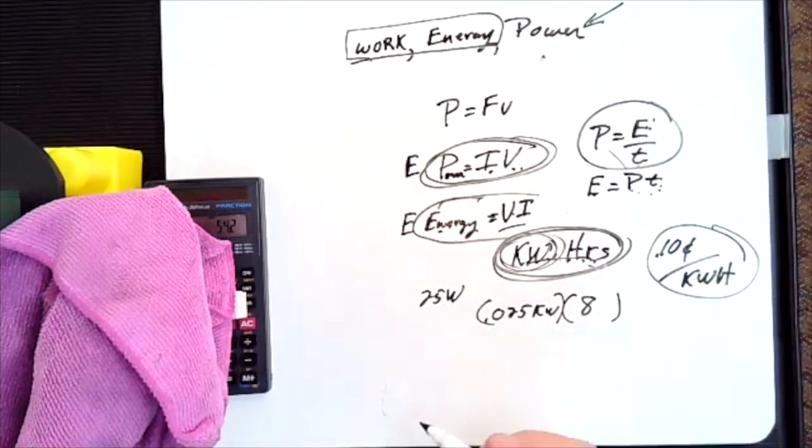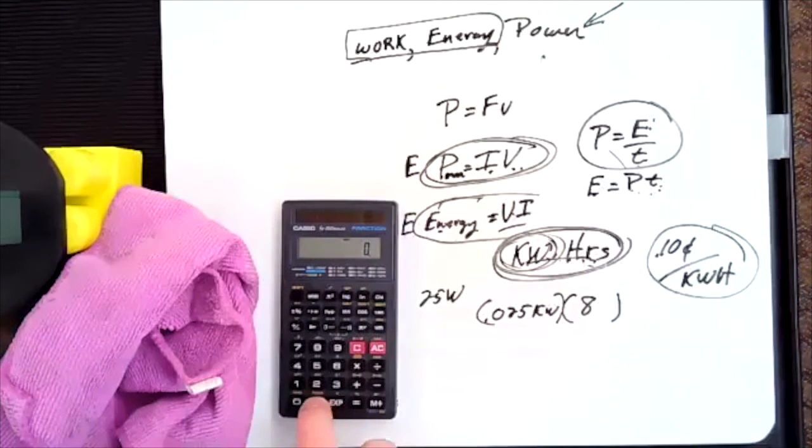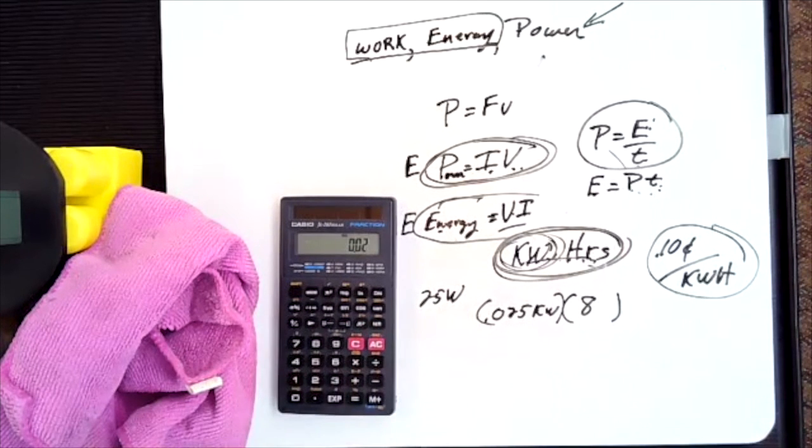Take it times 8, and you can see how much money you owe your parents. 0.025 times 8 is like 0.2 kilowatt hours. Assuming it's 10 cents, times like 0.1, you owe your parents like 2/100 of a penny when you get home.